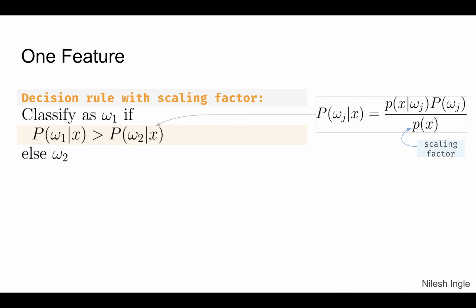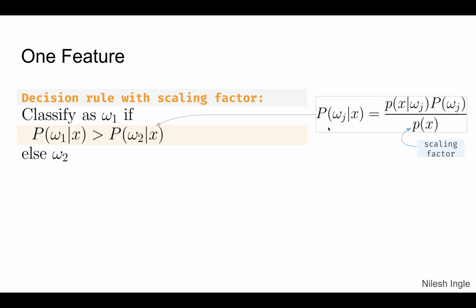Now we have seen the decision rule using the posterior probability, which is given by this formula for Bayes, where we have this scaling factor or evidence in the denominator, the job of which is to transform or bring the value from the numerator, which is the product of likelihood and prior, into a range between 0 and 1.